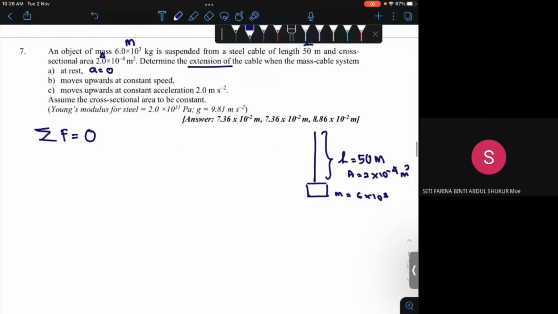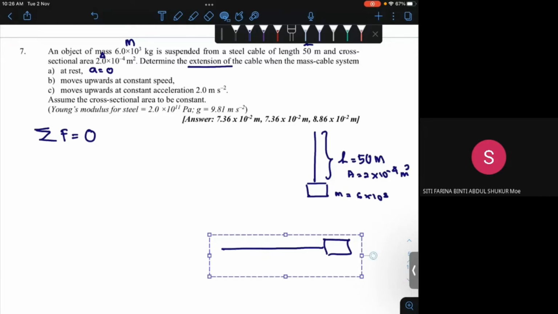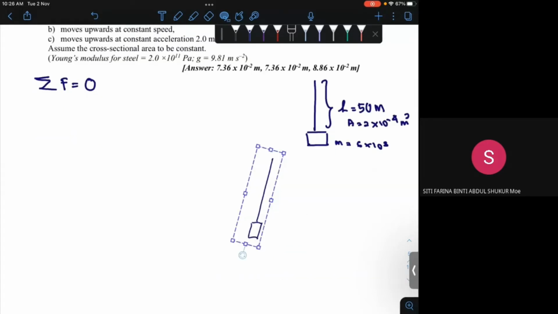So bila objek kamu ini digantungkan pada tali ini, this tali initially mempunyai panjang 50 meter. Okay, bila awak gantung objek dekat bawah sini, baru dia akan turun ke bawah dan dia akan menyebabkan extension pada tali itu.